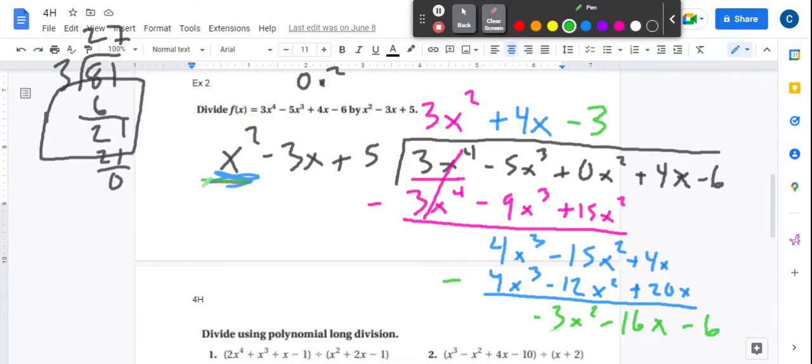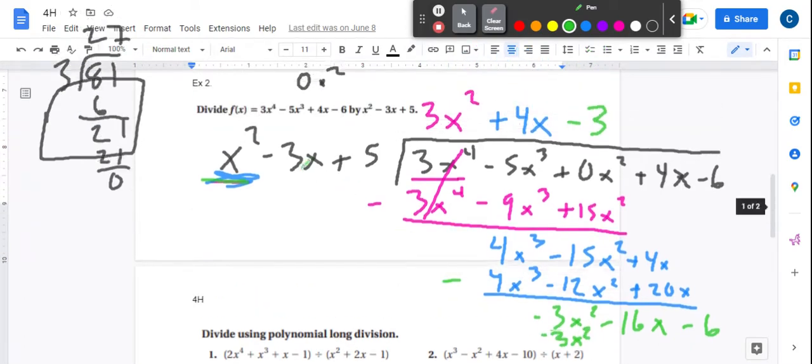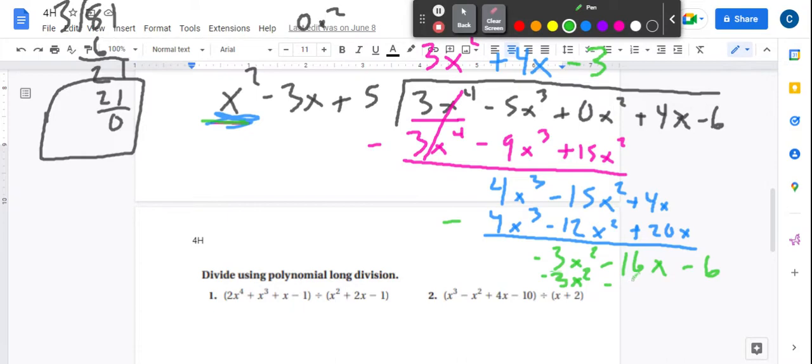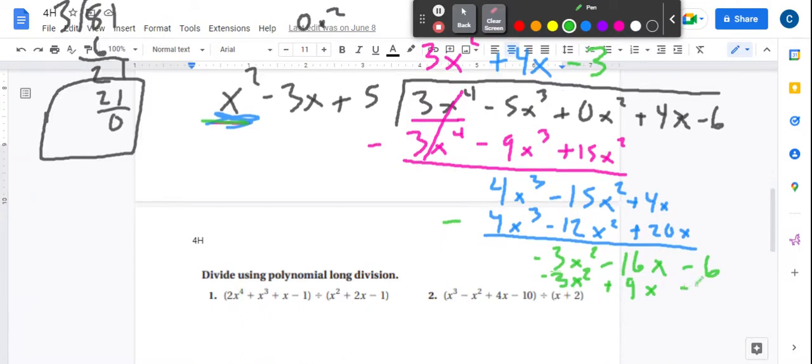Now we're going to take our term outside here and multiply it by negative 3. So we have negative 3x squared, negative 3x times negative 3 is going to be negative 9. Or positive 9, excuse me, positive 9x. And then 5 times negative 3 is negative 15.